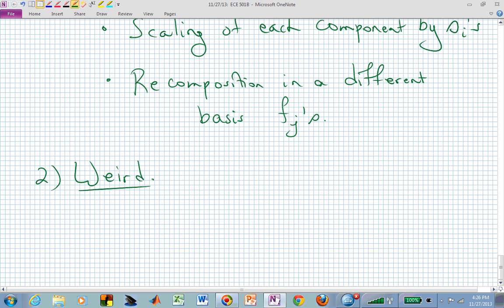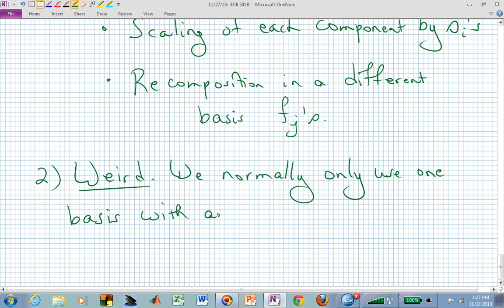It's actually a little bit weird, isn't it? Because when we have been thinking about operators, typically we just have one basis set. We normally only use one basis with an operator.